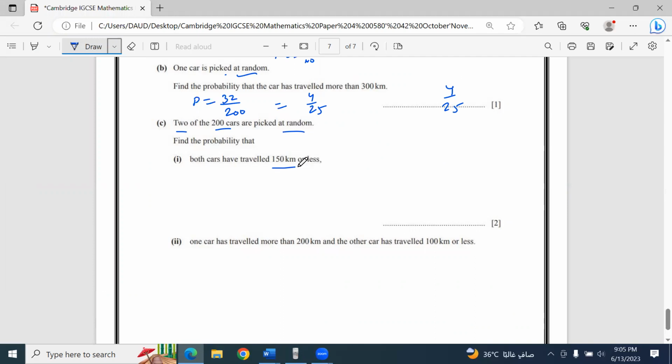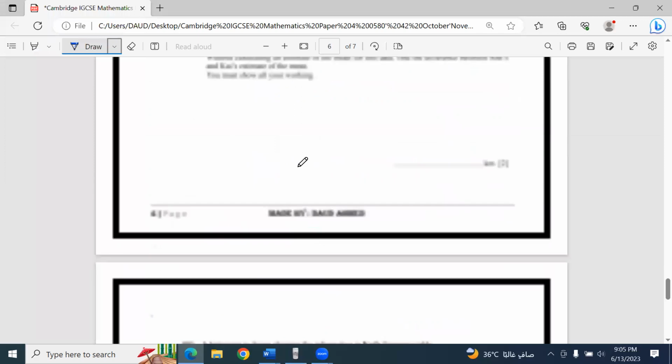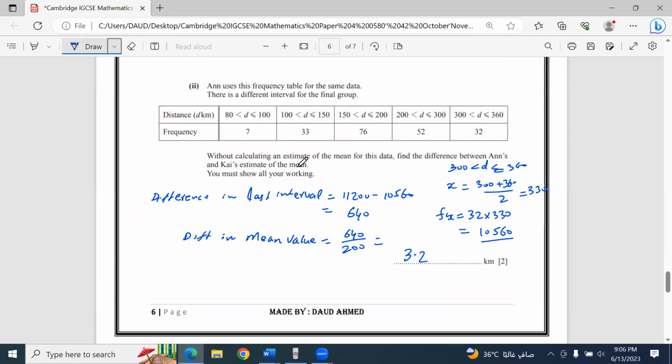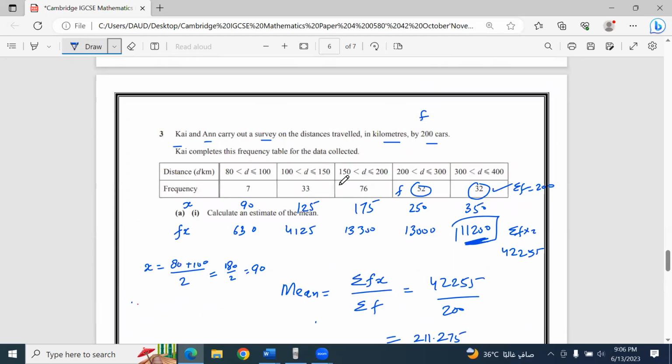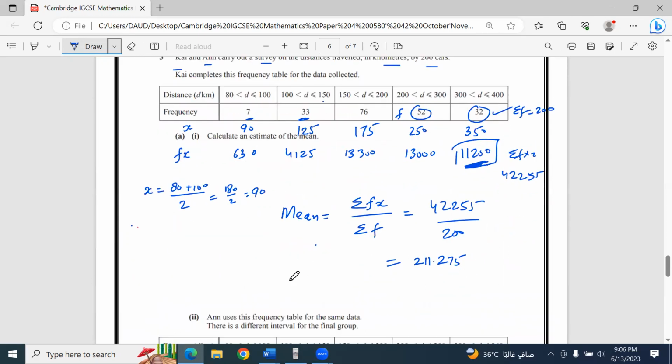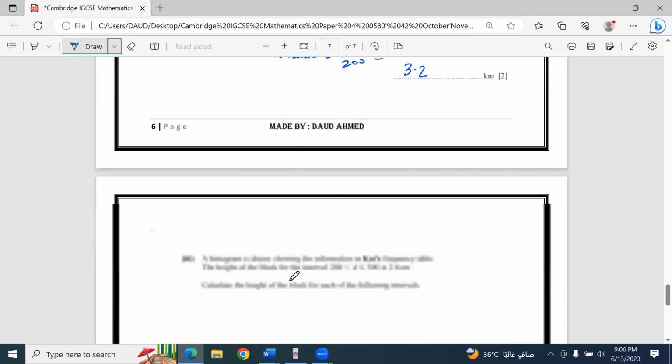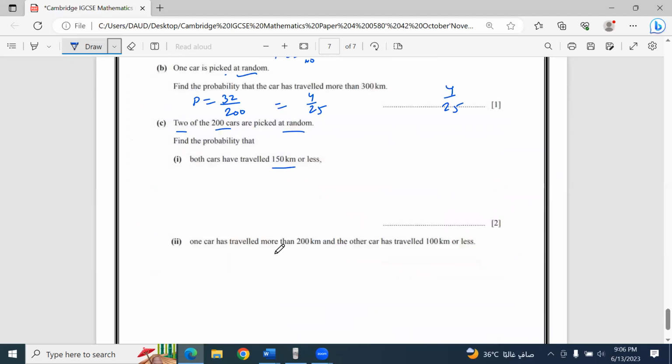First we have to check how many cars are 150 or less. So 33 plus 7 means a total of 40 cars which are 150 or less. So 40 over 200.